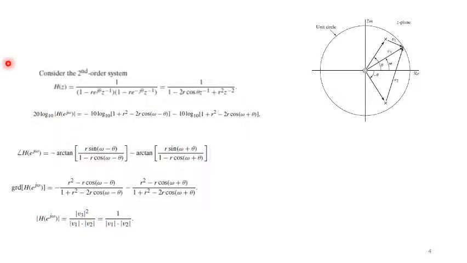So this system has poles at z equal to r e power j theta, and conjugate locations at r e power minus j theta. Similarly, this system function has two zeros at z equal to 0.